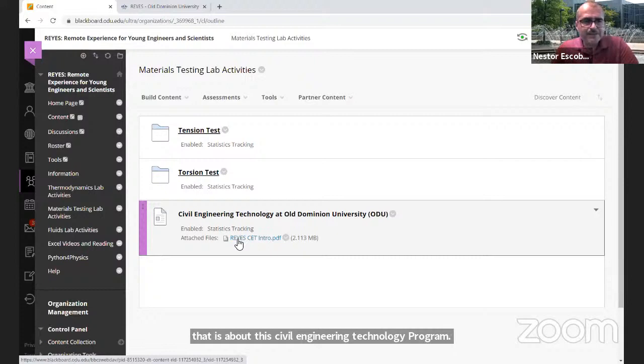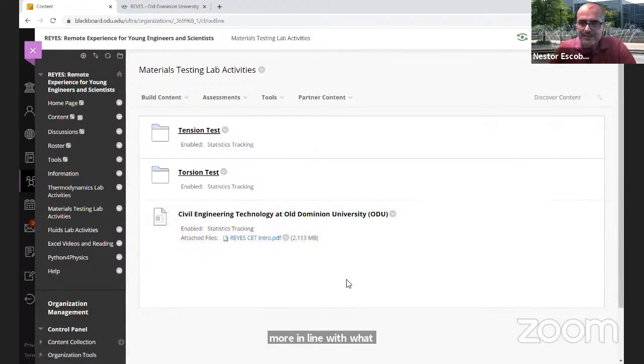I have the material testing laboratory in charge, certainly being a civil engineer with a structural focus or expertise would make me more in line with what is happening in the material testing laboratory.